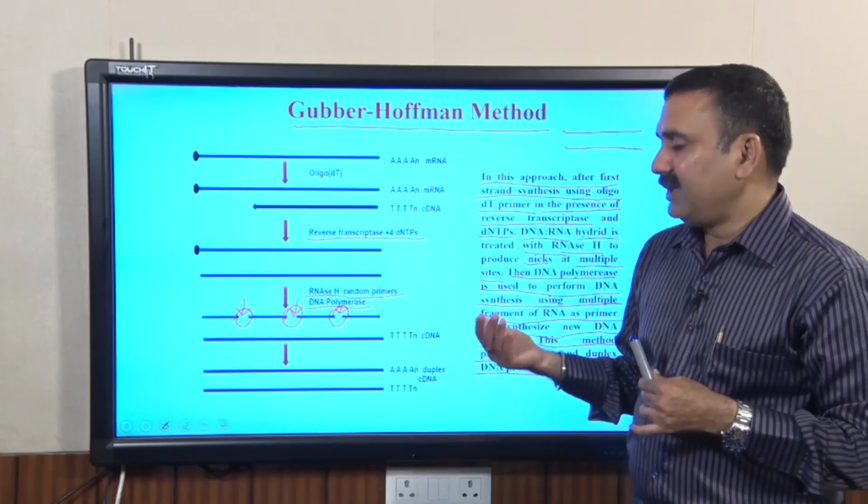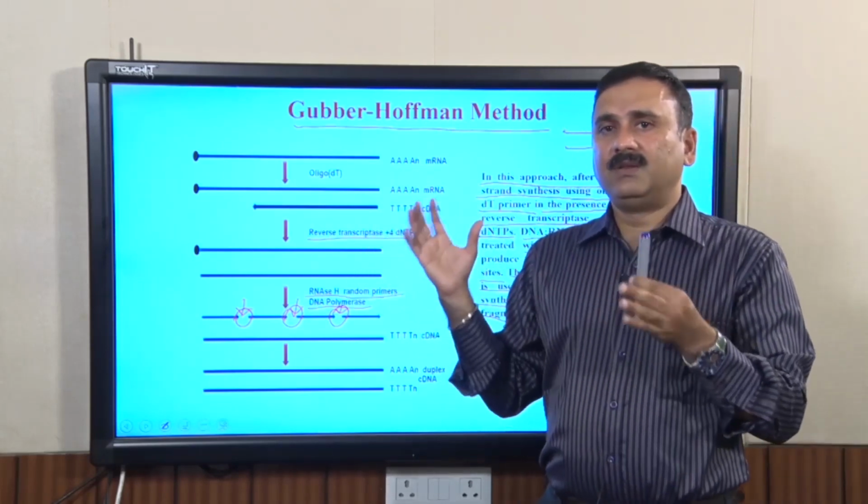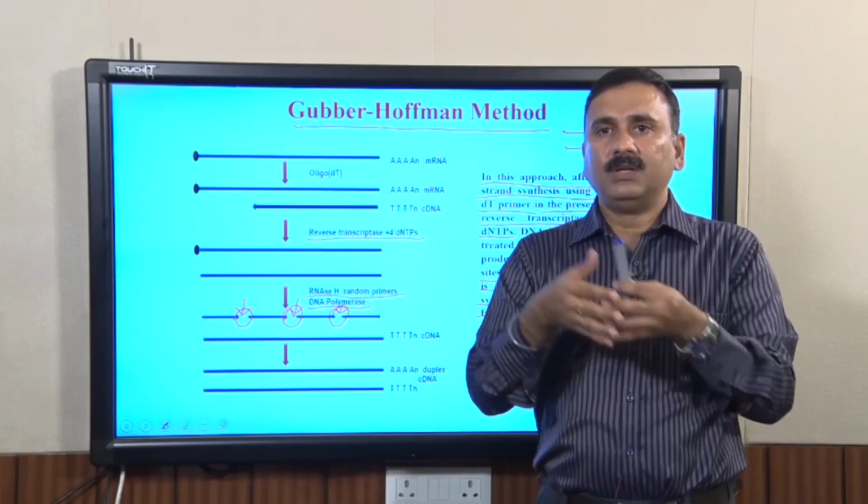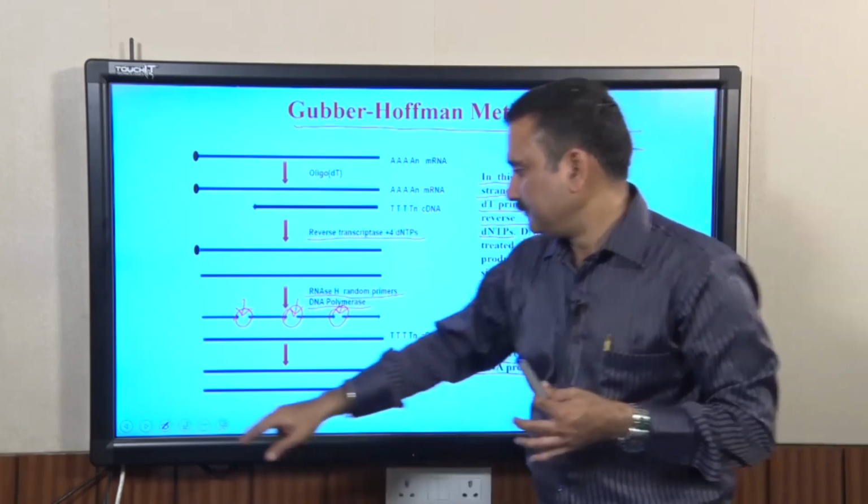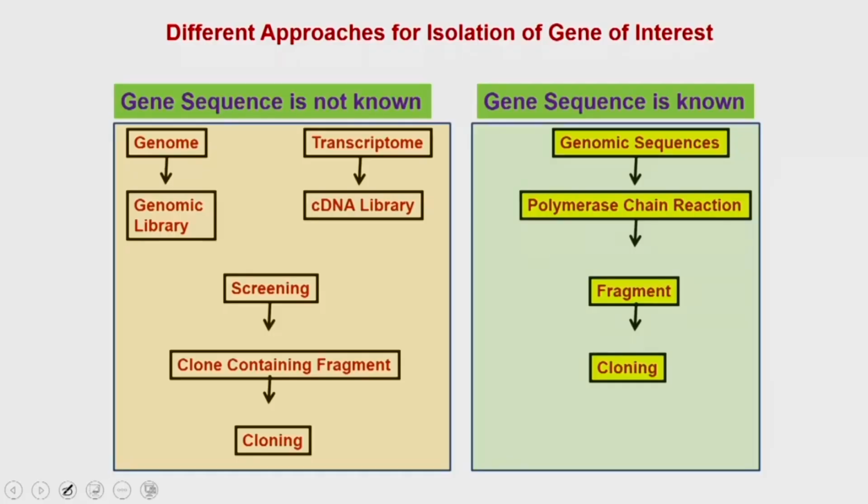Now, the next step is the cloning of these cDNA into a suitable vector. In the subsequent step you are going to do exactly the same as we discussed for the genomic library preparation.